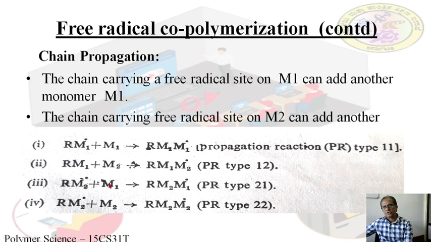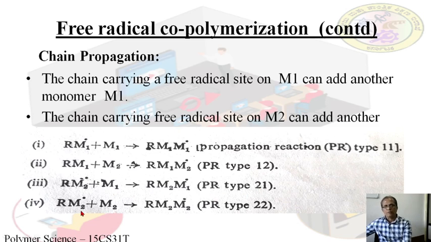The free radical site will be shifted. A covalent bond is going to form between these two molecules, and hence a bigger molecule is going to form. And this propagation is called propagation type 2,1, because the initiated monomeric unit of the second type is going to form a link with another type of monomeric unit.